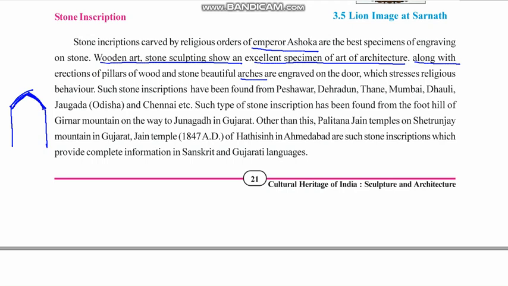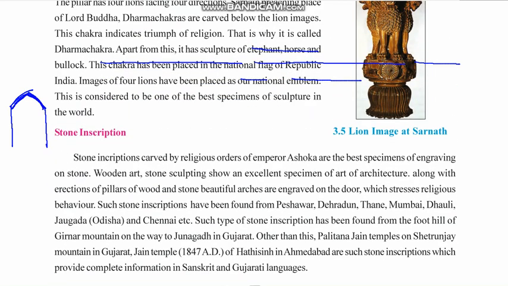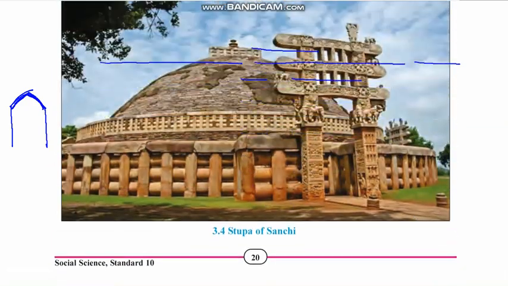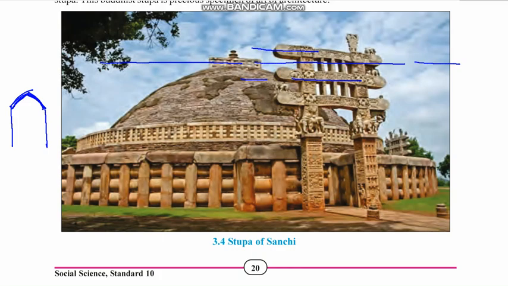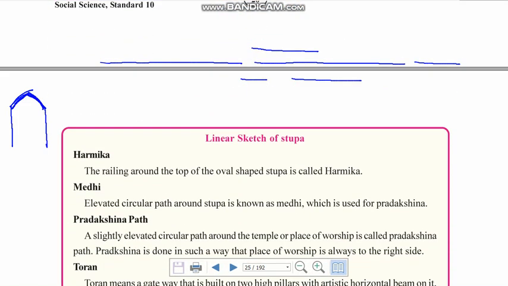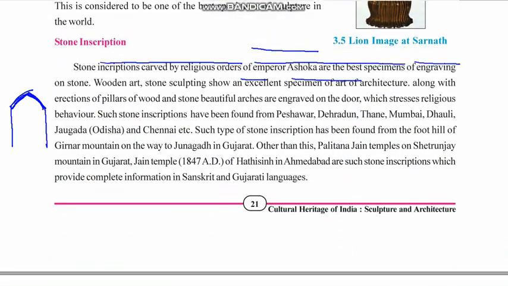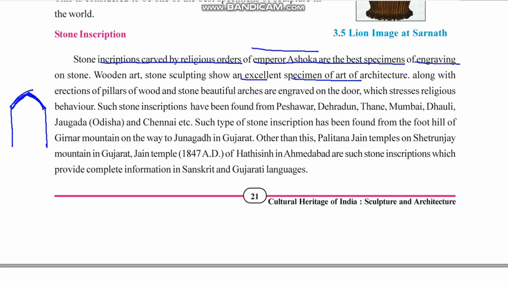Beautiful arches are engraved on the doors. This kind of engraving is done. Such things can also be seen in the stupa. Such architecture, the arches, are seen there, right?